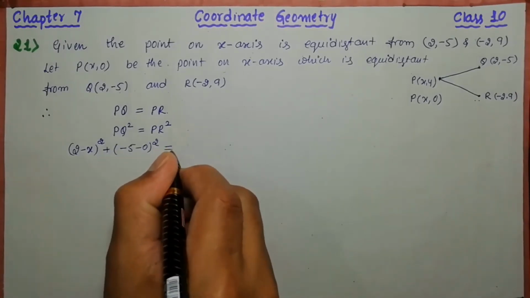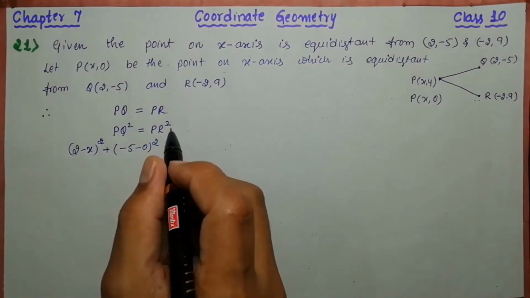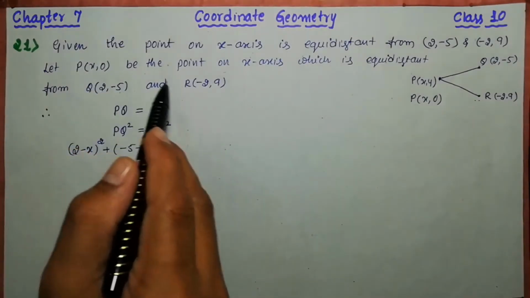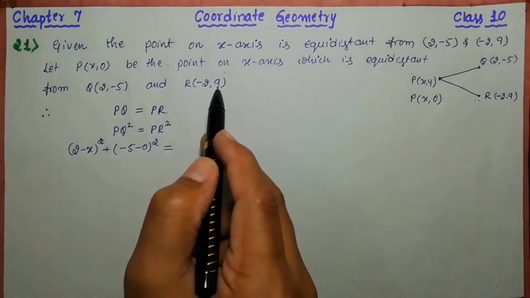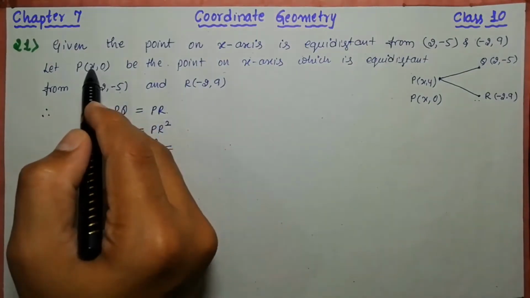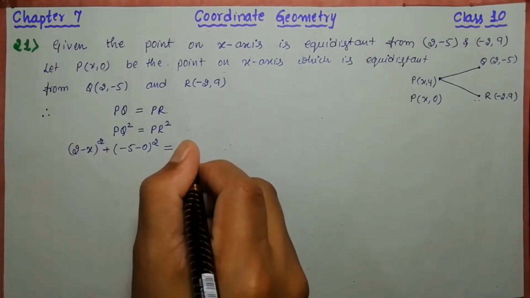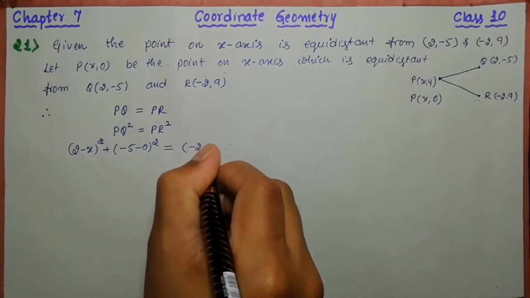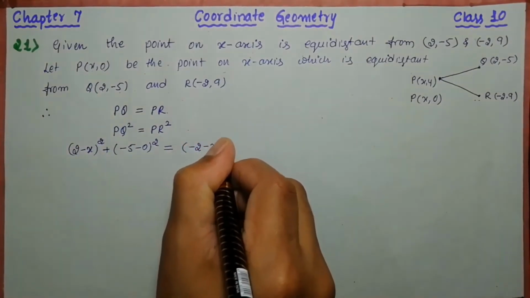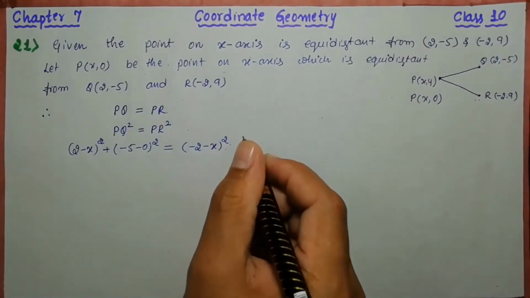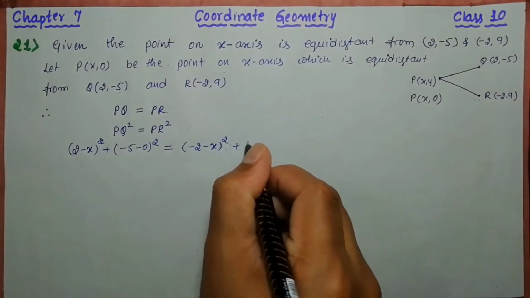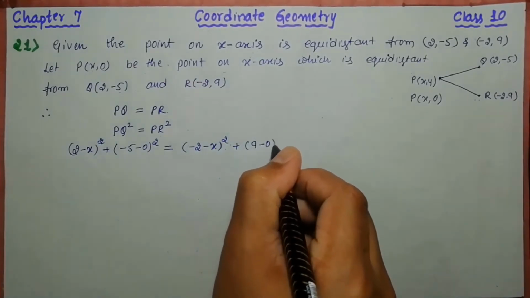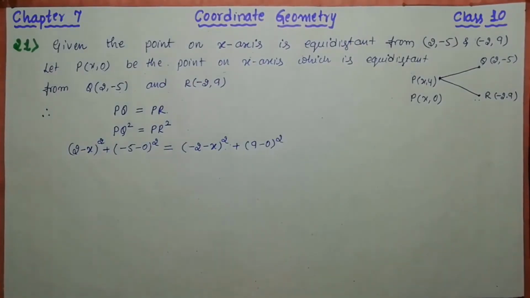In the same sense, PR, distance from P to R. Now look at here, P to R distance, this is (x1, y1) and this is (x2, y2), x2 minus x1 whole square, minus 2 minus x whole square, and then y2 minus y1 means plus 9 minus 0 whole square, like this.